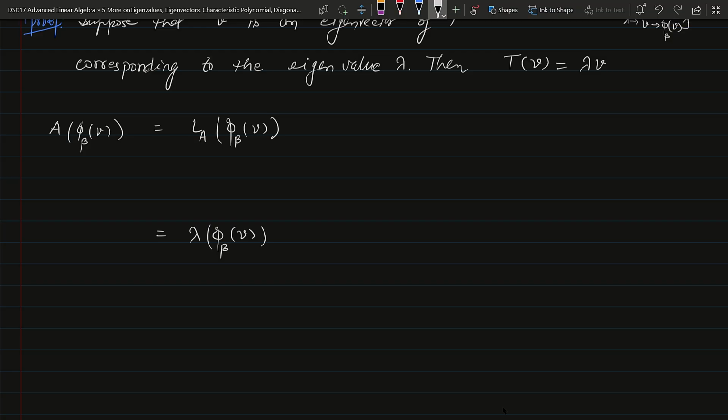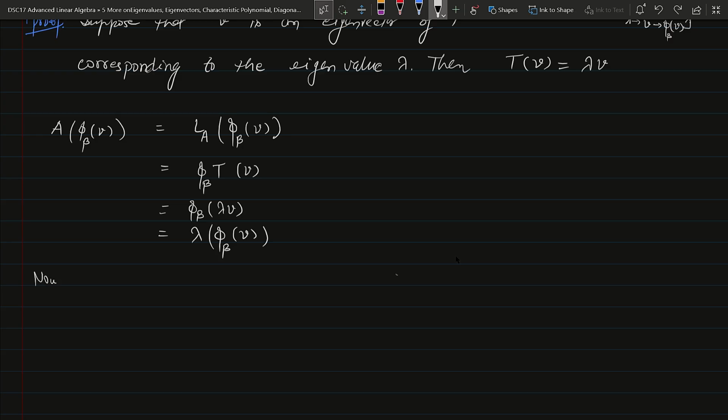And now this LA phi beta, you know very well that this is the same as the phi beta image of T of v. Okay, LA phi beta is the same as phi beta T. Now phi beta T of v, that is the same as phi beta of lambda v, since Tv is nothing but lambda v, and this phi beta is a homomorphism, a linear transformation. Then we can write phi beta of lambda v as lambda phi beta of v.